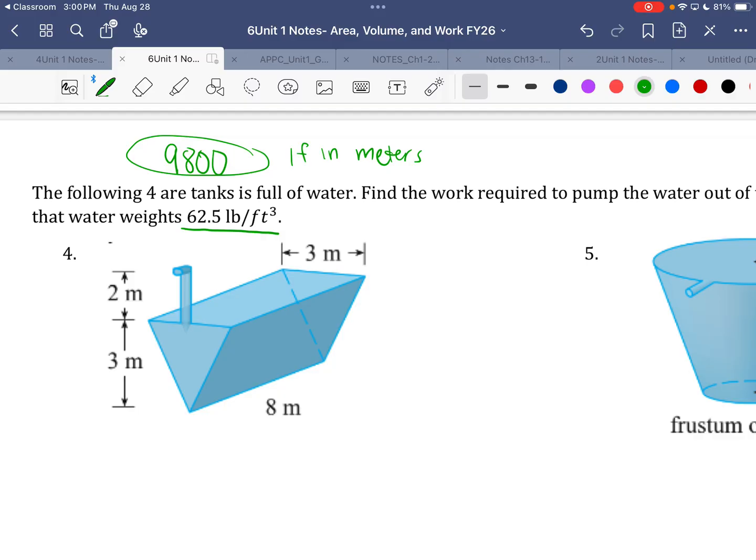We're doing 4 through 6. Okay, this is rectangles that are changing linearly. The aerial cross-section is a rectangle.